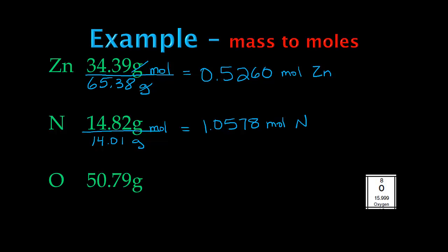Next, we need to find out our moles of oxygen. So our molar mass is 16 grams per mole. So it's going to be 50 divided by 16 grams per mole. Our grams go away and we're left with moles. And that equals 3.1744 moles of oxygen.